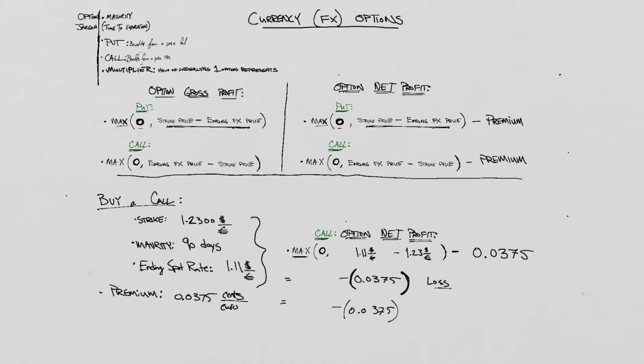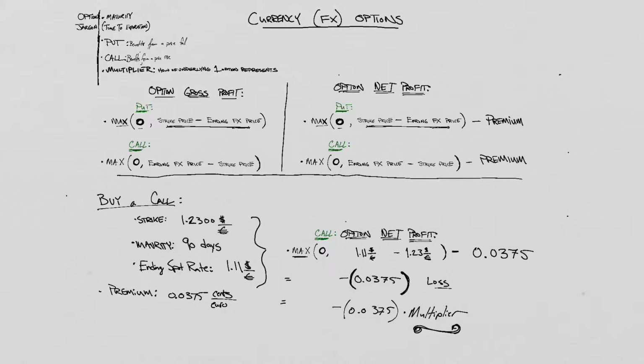It actually represents 3.75 times the number of underlying currency that a single option contract represents. And this multiplier will vary. It will vary by the exchange. It will vary by whatever currency pair we are attempting to buy or sell an option on.